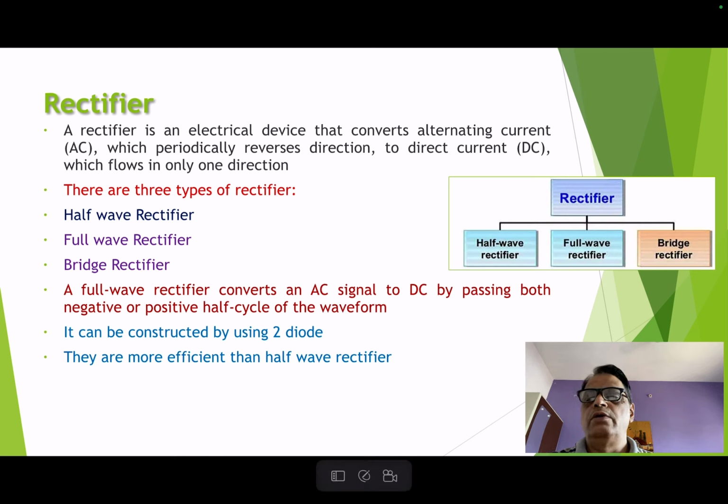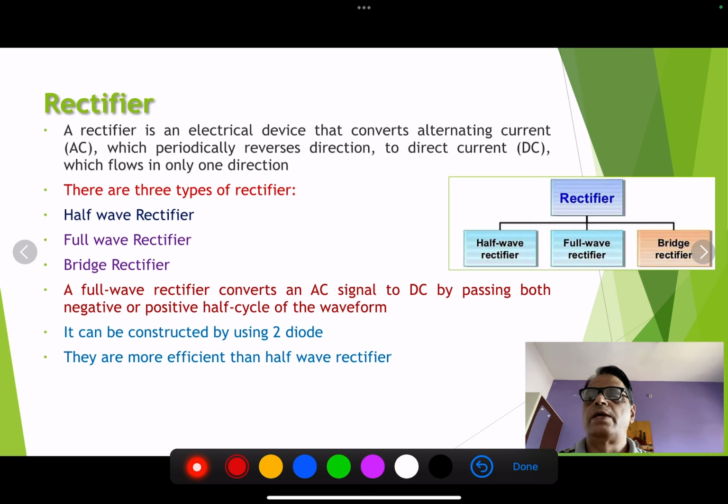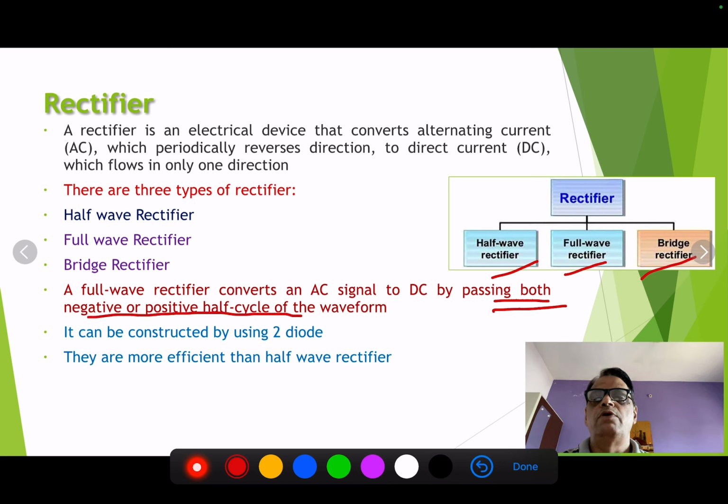We know that there are three types of rectifier: half wave rectifier, full wave rectifier and bridge rectifier. A full wave rectifier will convert the input AC signal into DC, and for such conversion it will make use of both positive and negative half cycles of the waveform, and that is the reason this rectifier is called a full wave rectifier.